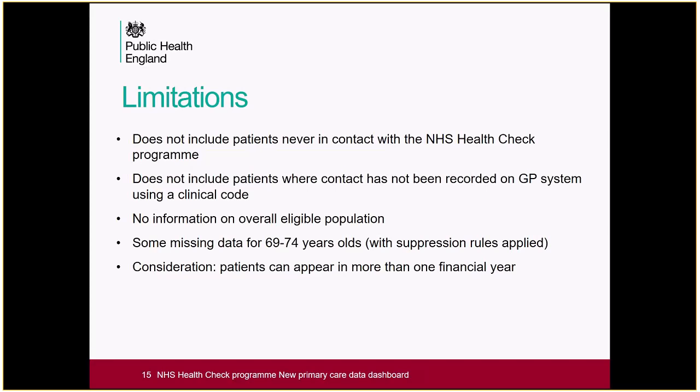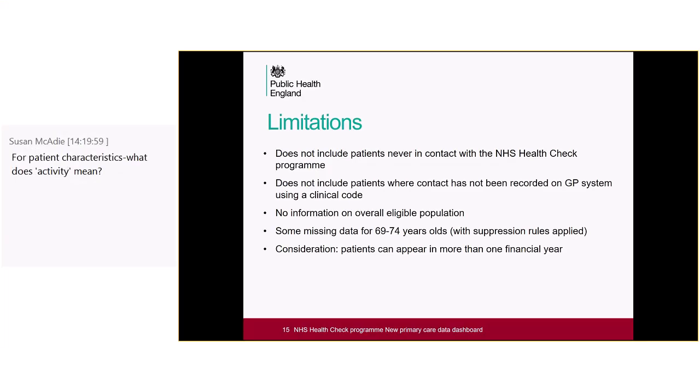Right, so yeah, sorry, just to recap on some limitations. The extract doesn't include patients that have never come into contact with the NHS Health Check programme, or where they have and it just hasn't been recorded in their GP record. So together this means we don't have information on the overall eligible population beyond who came into contact with the programme.